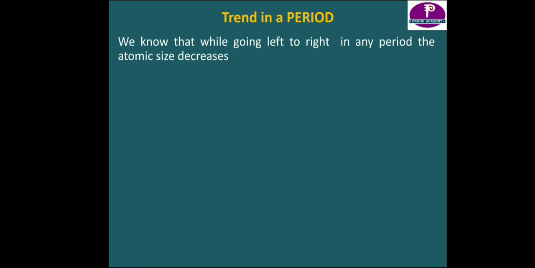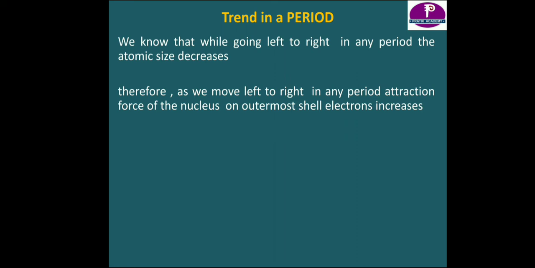We know that when we go left to right in any period, the atomic size of that element decreases. So as atomic size decreases, the force increases on that element, and as the attraction force is increasing, the element can gain an outer electron more easily.